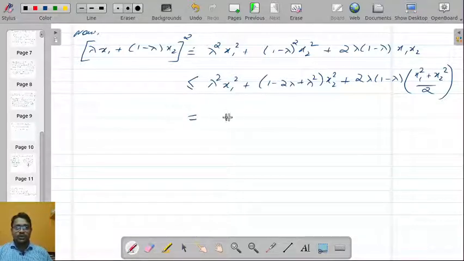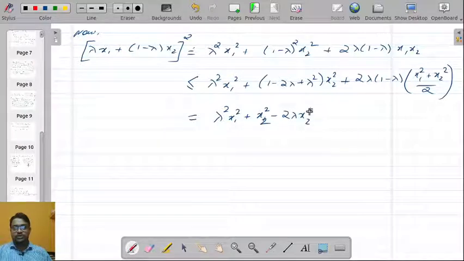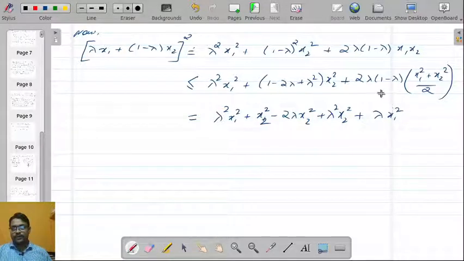So this is equal to λ² x1² + x1² − 2λx2² + x2² ... plus λ² x2², and the 2 cancels, and here it's λ − λ², so it's (λ − λ²)(x1² + x2²).